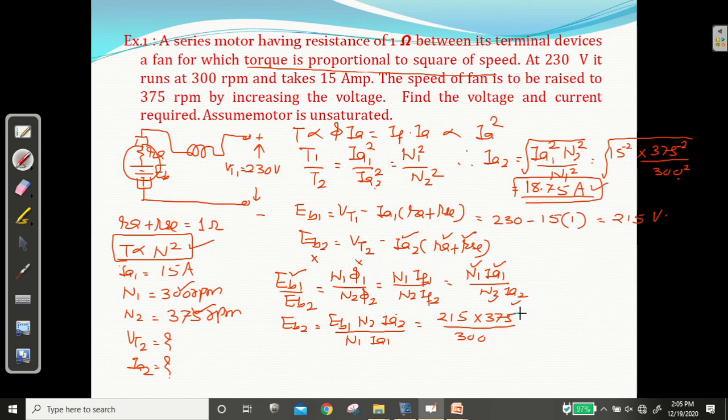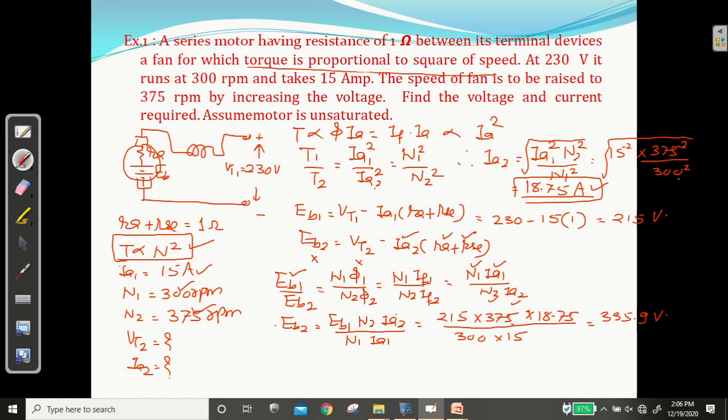IA2 we have calculated, 18.75, upon IA1, which is known, 15 ampere. So in this way we will calculate EB2: 215 into 375 into 18.75 upon 300 into 15. Using the calculator, I am getting 335.9 volt. Okay, I got EB2.